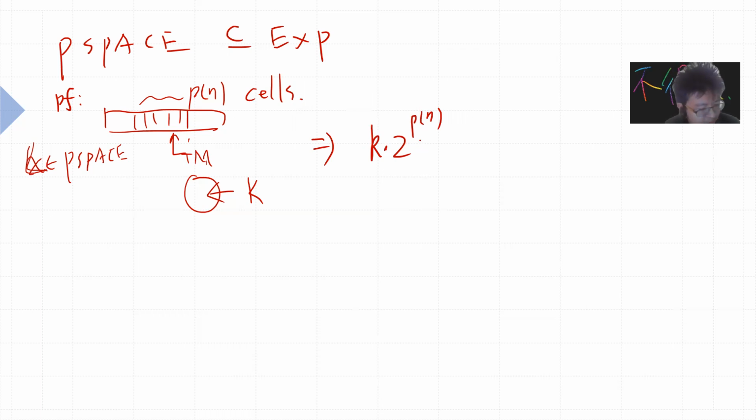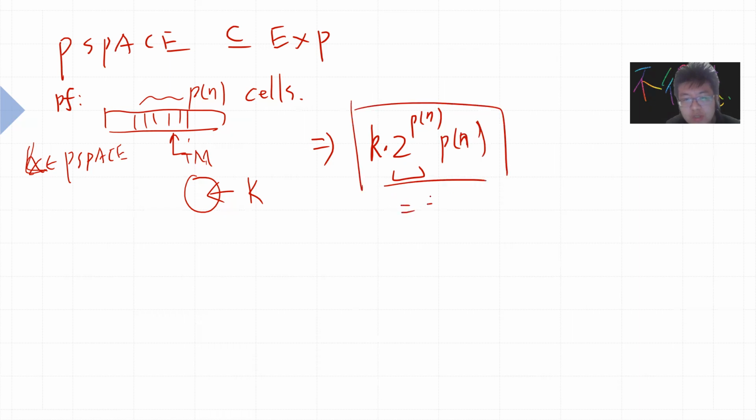So this means that k times 2 to the p(n) is all the possible bit strings that you can write. And if you multiply by p(n), then this number will be the total configuration space.